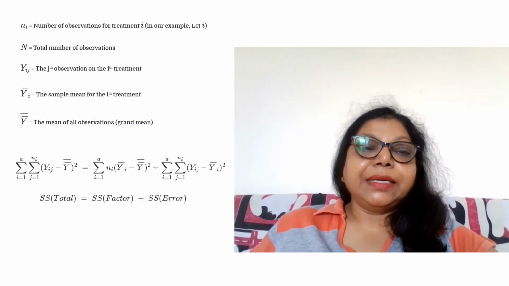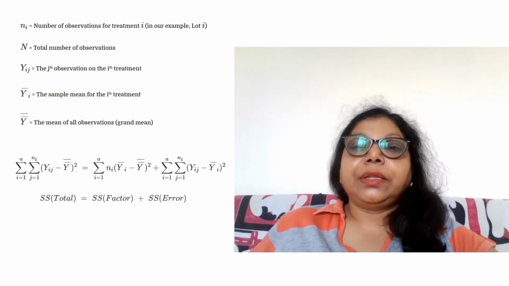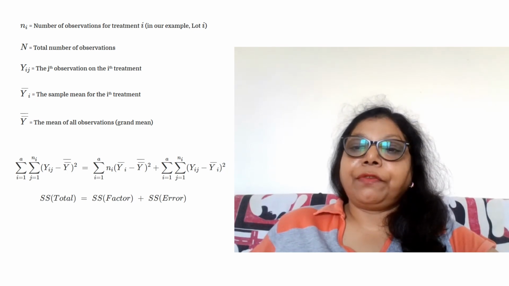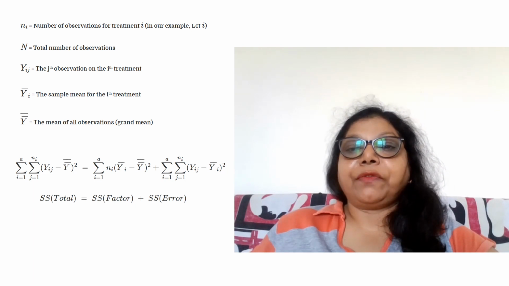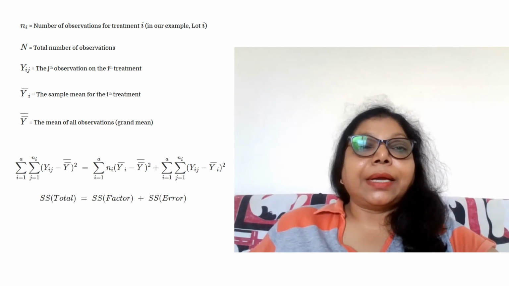Let's understand sum of squares. On the screen you can find the formula: sum of squares total is equal to sum of squares of the factor plus sum of squares of the error. Let's understand what the abbreviations stand for. Ni is the number of observations for treatment i, which in our example can be lot i.